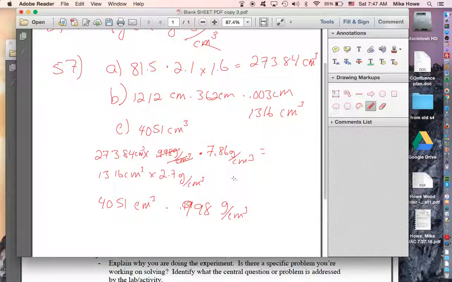All right, so we get these three numbers. So 273.84 times 7.86 is 2,152. And 1316 times 2.7 is 3,553.